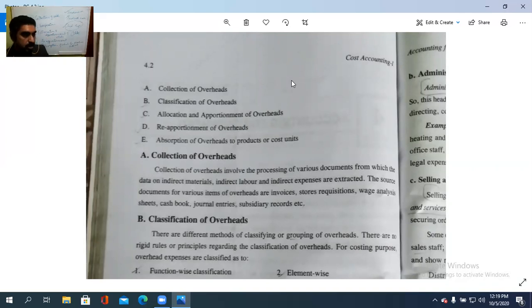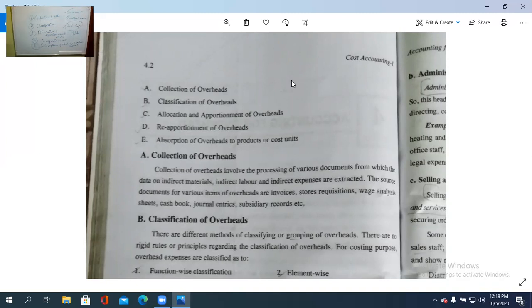Out of the total material, the indirect part should be separated. Out of the total labor, the indirect part is to be separated. Out of the total expenses, the indirect part is to be separated. And all together constitute the collection of overhead.